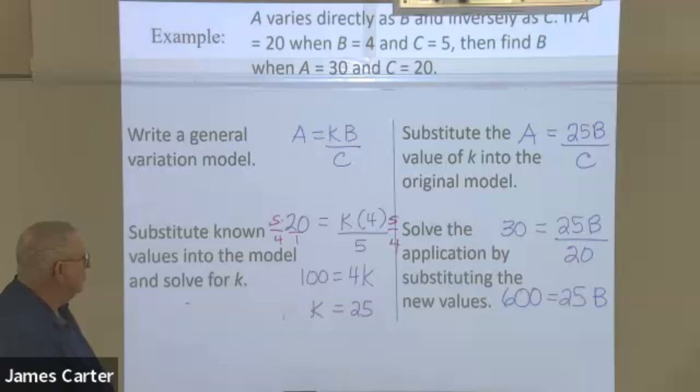Multiply both sides by 20. Now divide both sides by 24.